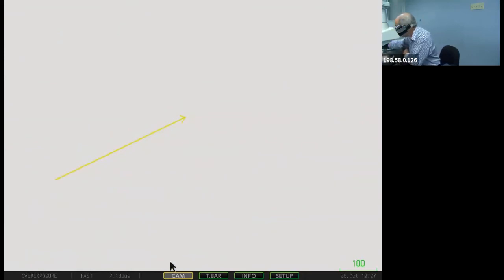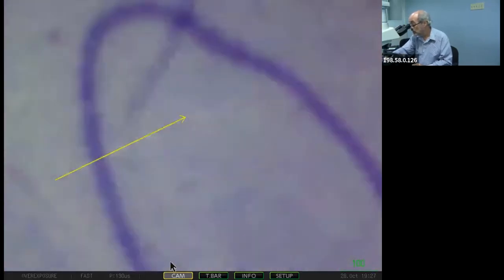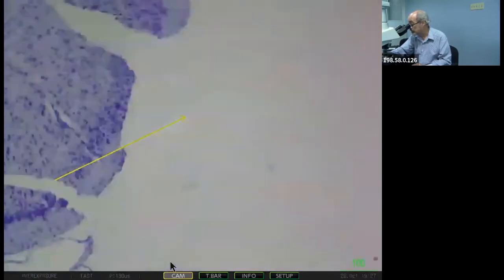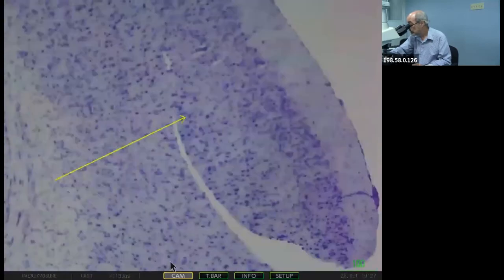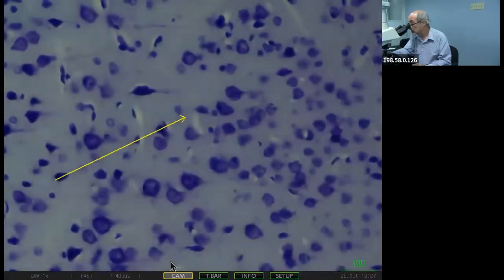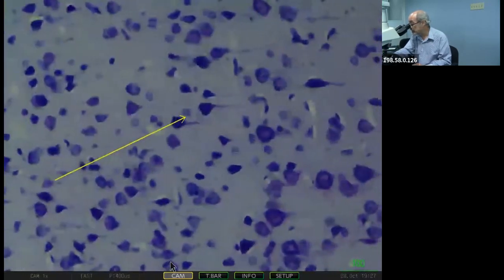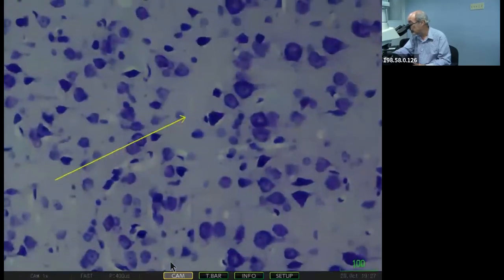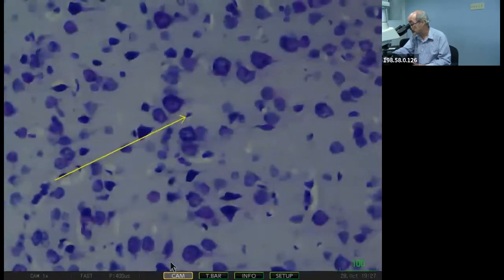Okay, so now, remember, the main point for you today is your pyramidal cells, which are located in the 5th layer of your cerebral cortex.